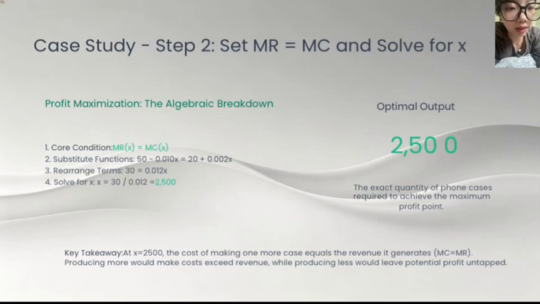This number is the best production amount for our phone factory. The text at the bottom explains this meaning. If we make more products, our cost will be bigger than our income. If we make fewer, we cannot get all possible profit.